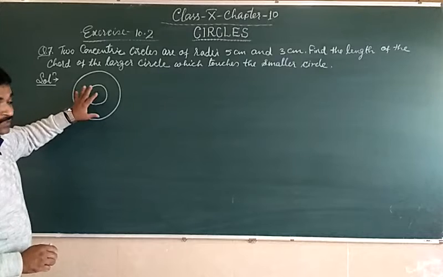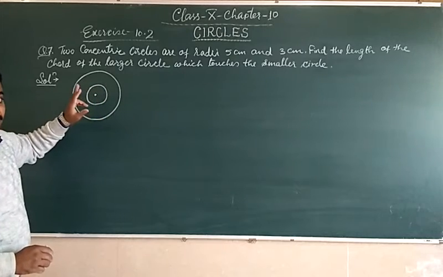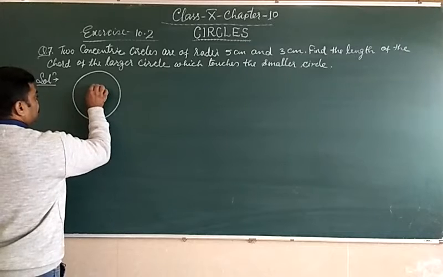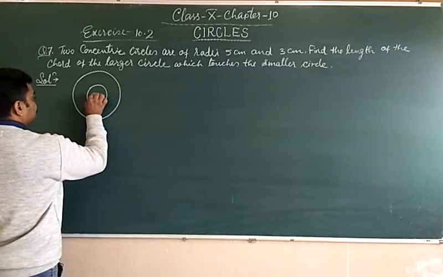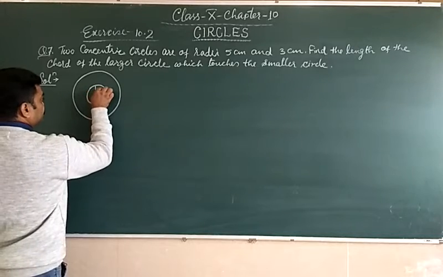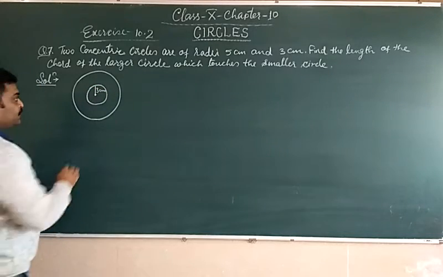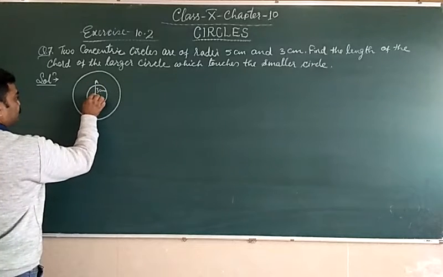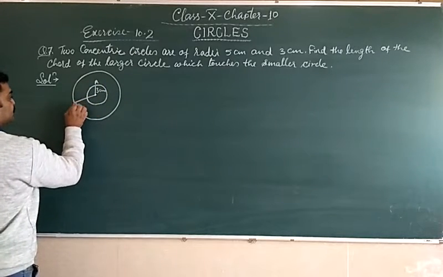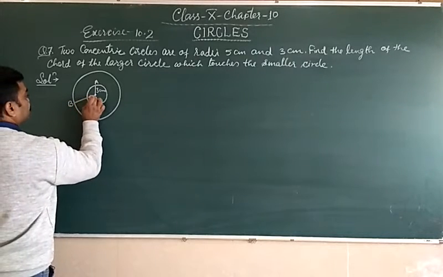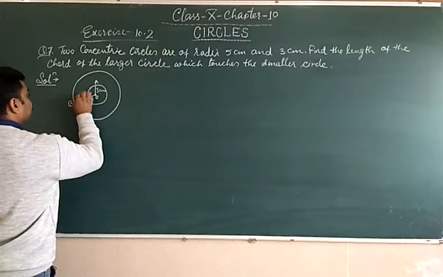That means the center of both the circles is the same, but the radius of this circle is 3 centimeter. Suppose it is A, and the radius of the other circle is OB, that is 5 centimeter.